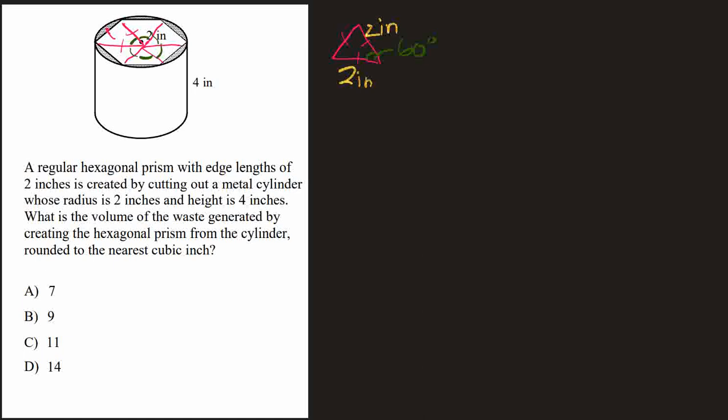Then we have to count the volume. The idea is we subtract the volume of the prism from the volume of the cylinder, then we'll get the volume of waste generated by creating that hexagonal prism. So first we want to count the volume of the hexagonal prism.